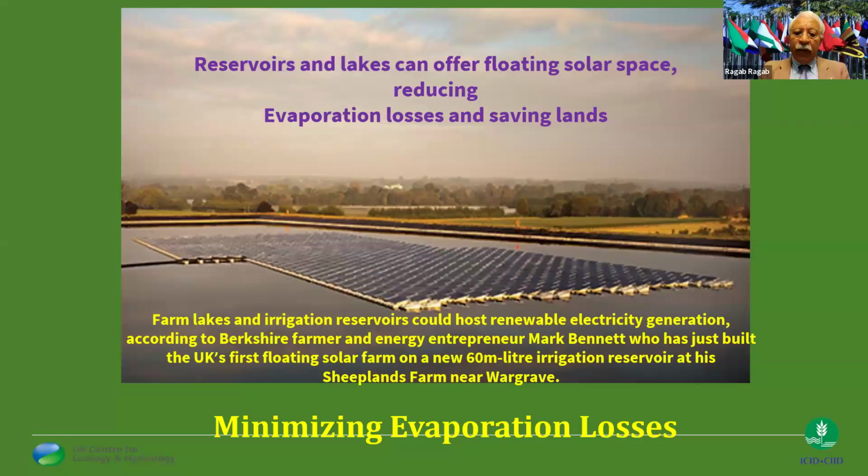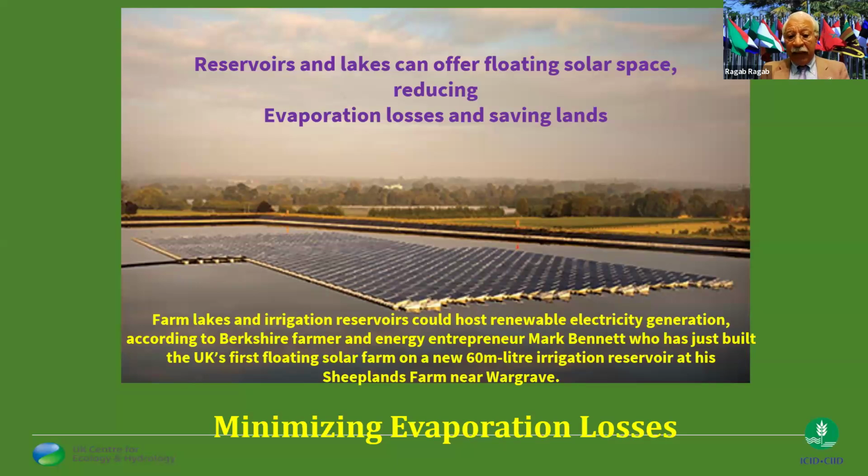And also here in the UK, we cover reservoirs with floating solar panels. It has two benefits. It reduces evaporation, and number two, it produces electricity for dairy farming, especially those dairy farms that produce a lot of butter, ice cream, and milk, and so on. So it has double benefit.